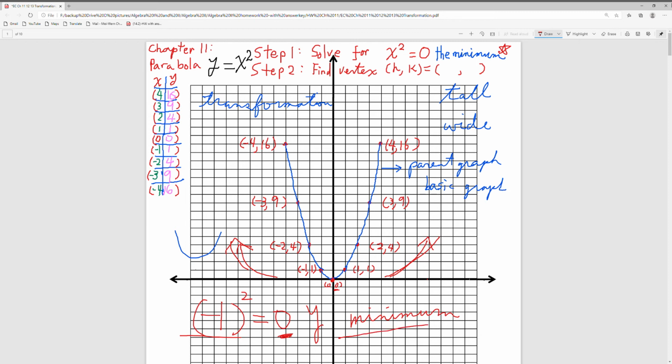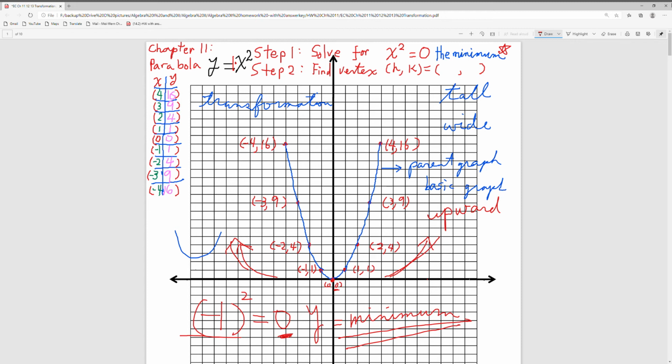So when we talk about minimum and maximum, we are talking about the y value. Now, why is the graph going up? Because the leading coefficient is 1 here, so everything is positive. So you have an upward parabola, and the minimum value is 0.